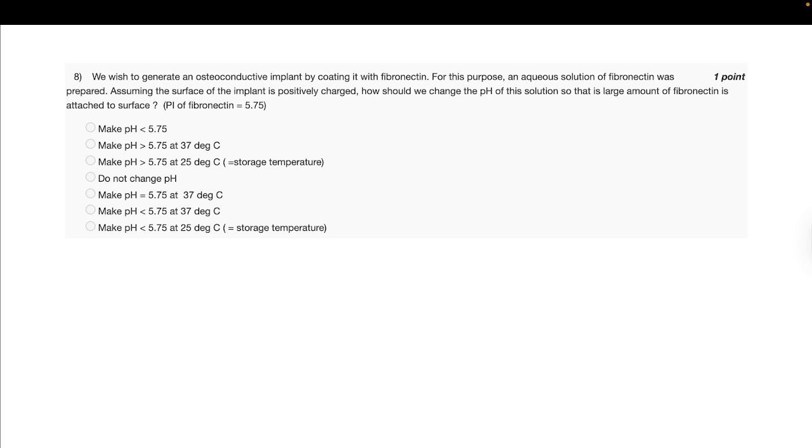Right, so most of you are answering option 1, make pH less than 5.75. The correct answer is actually make pH more than 5.75 at 37 degrees Celsius, option 2. Let's look why.